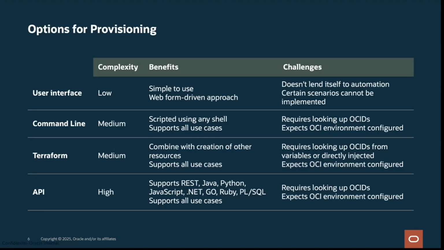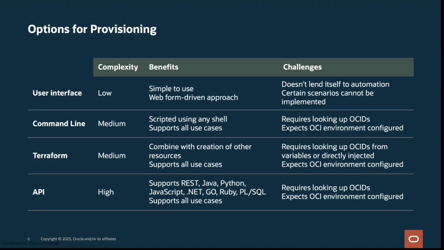This is great if, for example, you want to create identical environments across multiple regions, because you can set up the Terraform once and then run the script against the different regions. Again, this one, although you might need to look up the OCIDs, if, for example, you were to create the VCN within Terraform, then you could inject those OCIDs directly from the VCN Terraform script. And final option is the API.